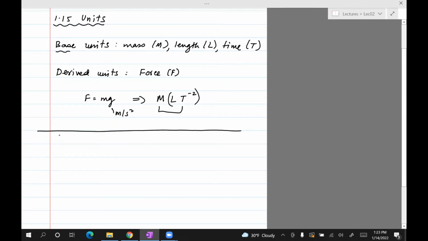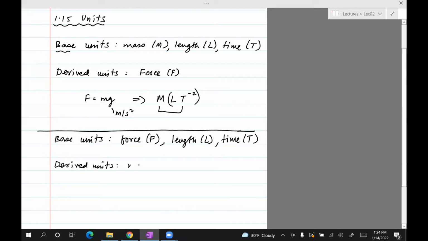Now you could also define different base units. You're not stuck with these M, L, T. You could define base units as force, F, length, and time. I've replaced mass with force, and I can now derive units for other things. For example, what's the unit of mass?